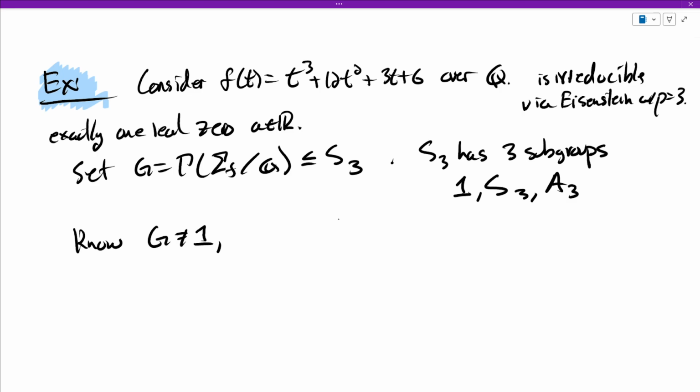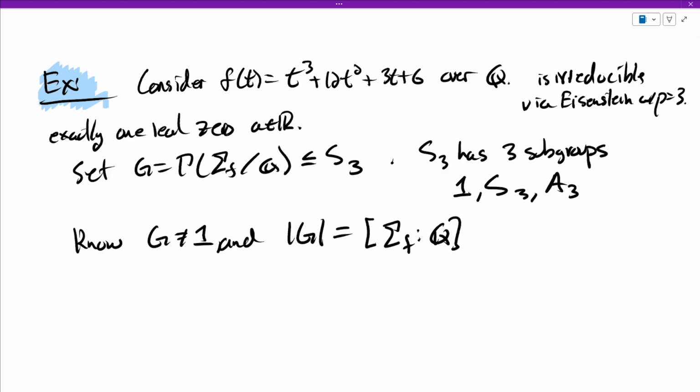We also know that the size of G is the degree of the splitting field over Q. But there's only one real zero, so the other zeros are complex.